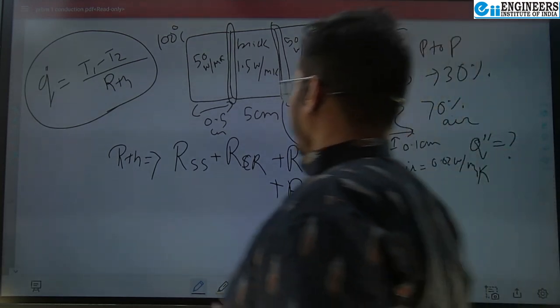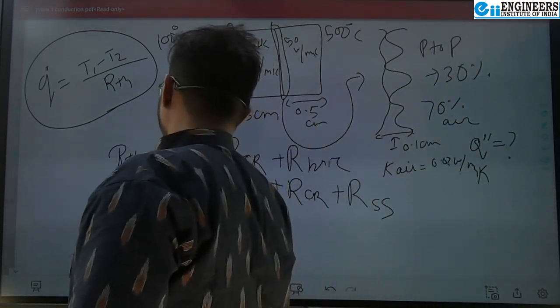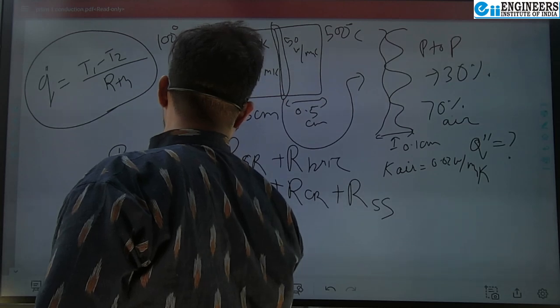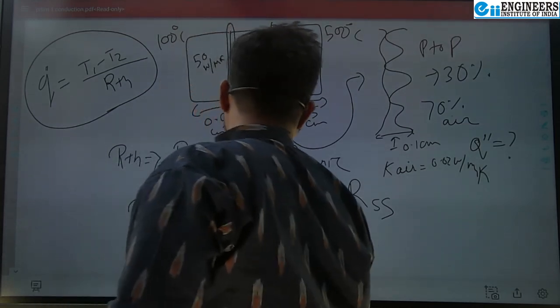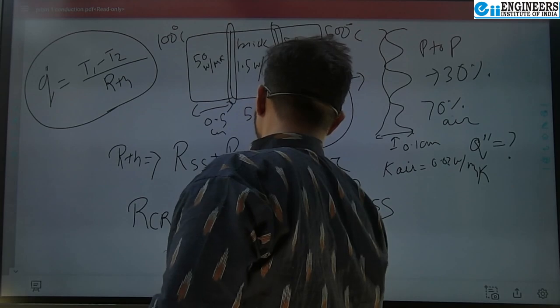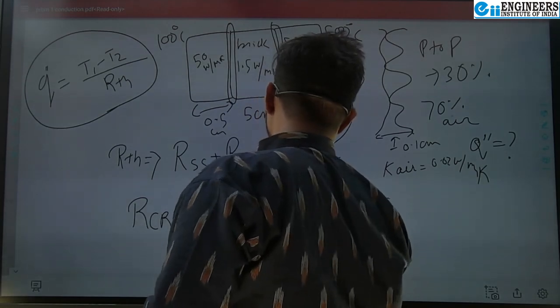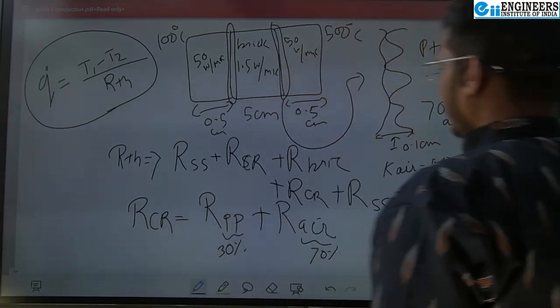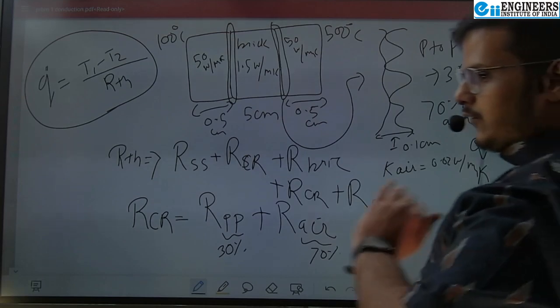Then again this contact resistance is because of R plate to plate, or solid to solid, plus R air. The solid to solid constitutes 30% and the air constitutes 70%, isn't it? Then we have to find it one by one.